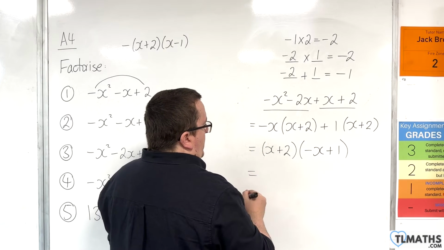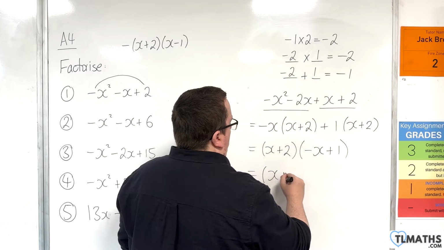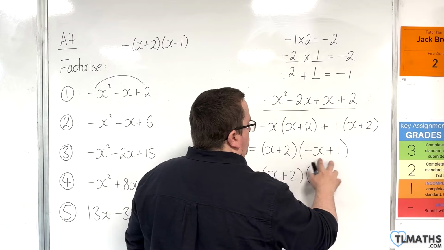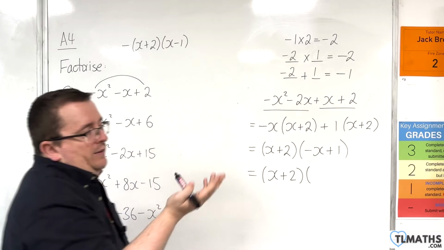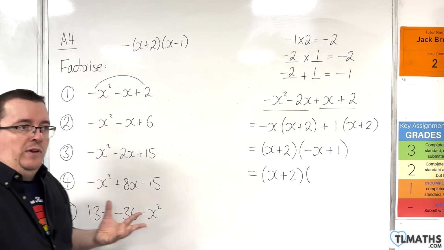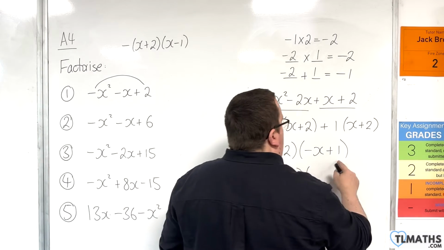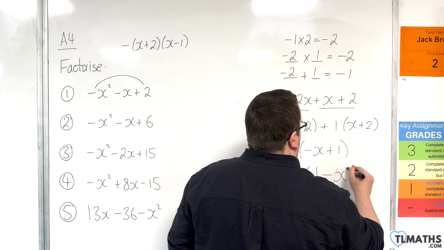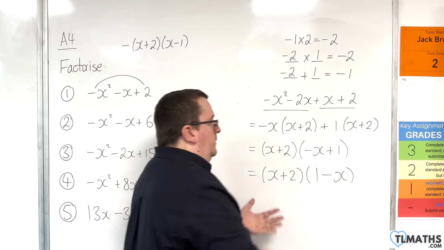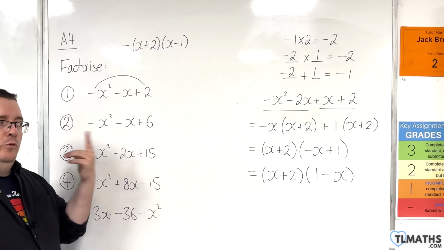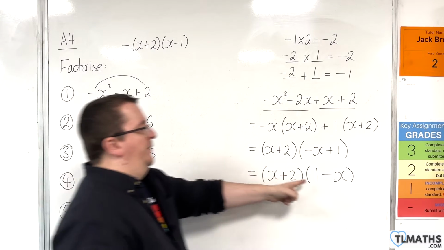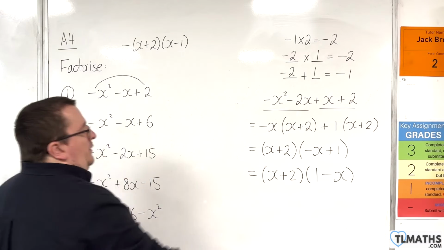Which, alternatively, I could write, because I could just reorganise those. It's like saying a plus b is the same as b plus a, right? So this is the same as 1 take away x. Minus x plus 1 is the same as 1 plus minus x, which is 1 take away x. So that's my answer there.